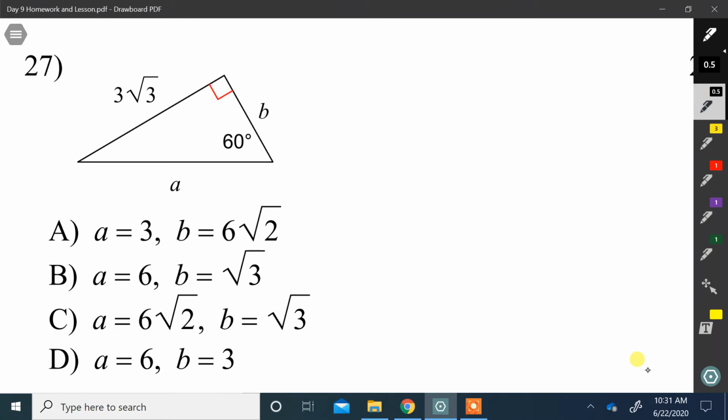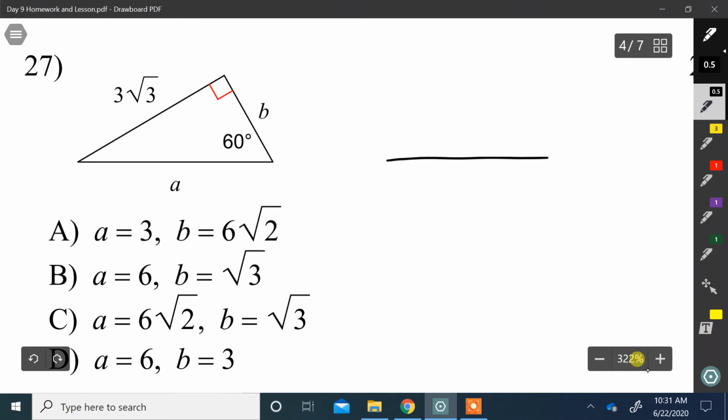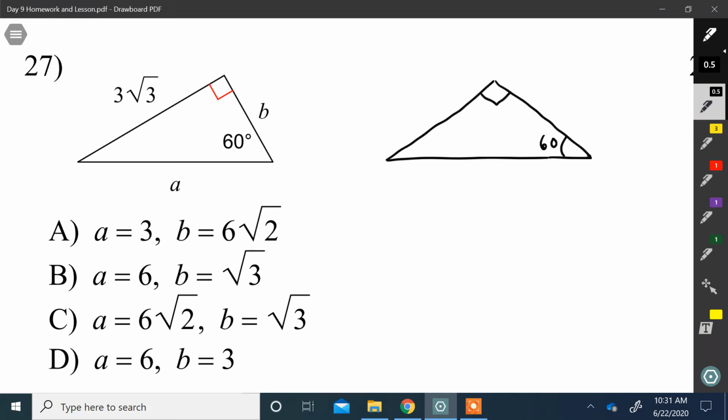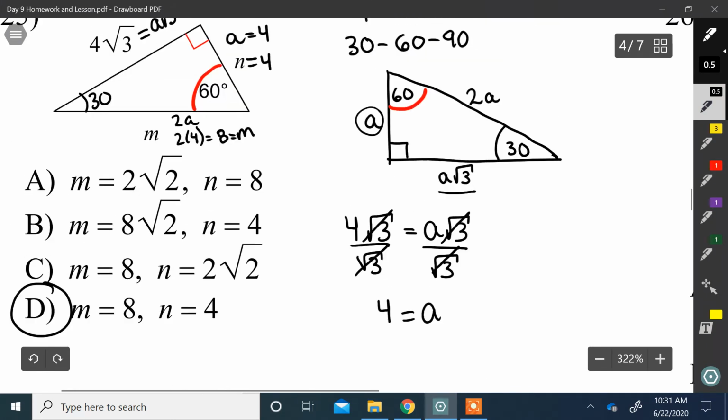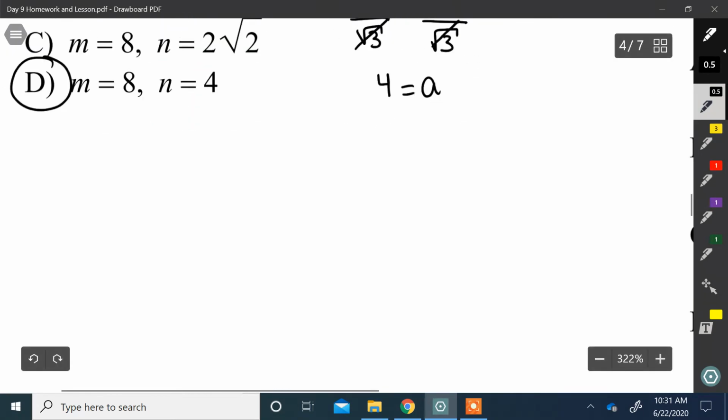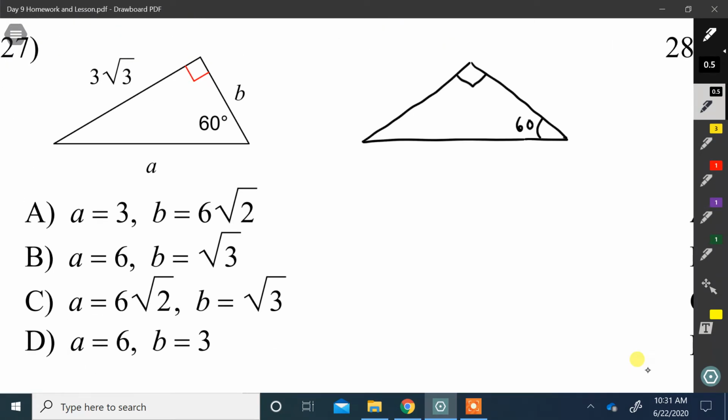Once again, I'll draw it the same way that it's drawn in here. If this is the 60, and I look at the picture one more time, the one in front of the 60 is A square root of 3. So this right here will be A square root of 3.